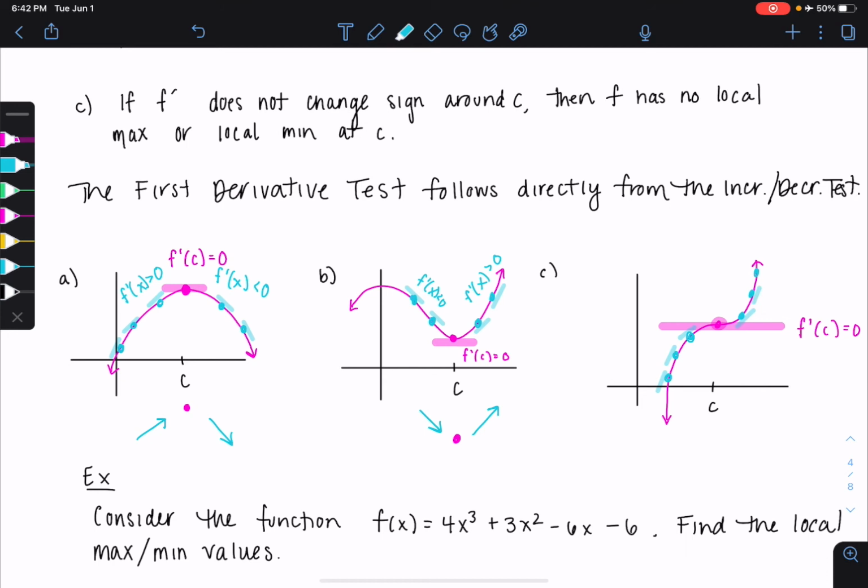Tangent line is positive. So on the left half, the derivative is positive, on the right half, the derivative is positive. So it's not changing signs. So you've got this flat tangent here, but you're going up and you continue to go up after this. So I don't create that shape of local maxes or mins.